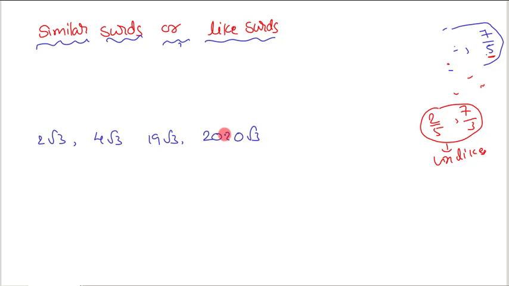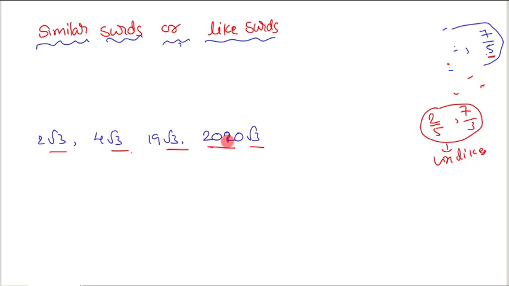These four or five numbers are the terms or surds. All these surds have the same simple surd, root 3, with different coefficients, different multiples. That means two or more surds are said to be similar surds or like surds if they are different multiples of the same surd.